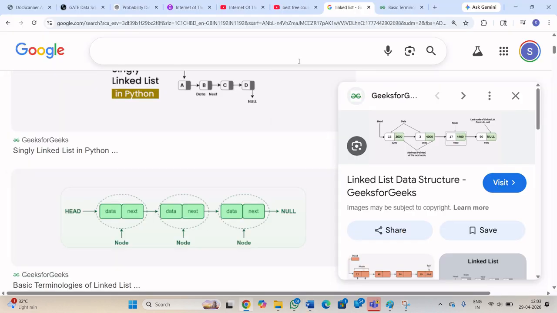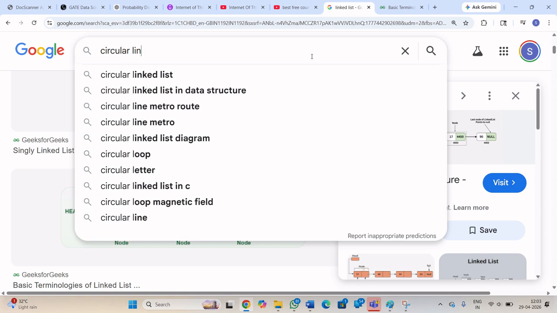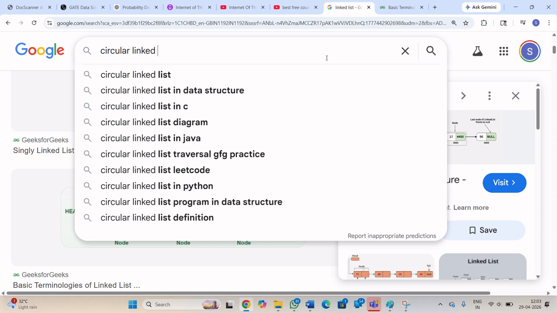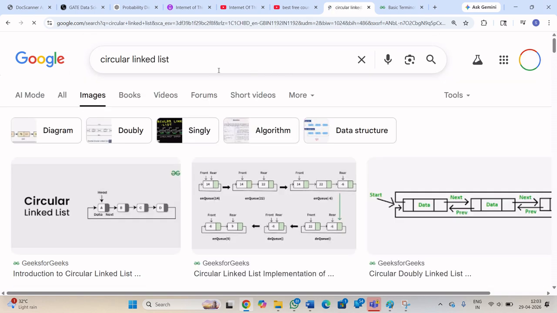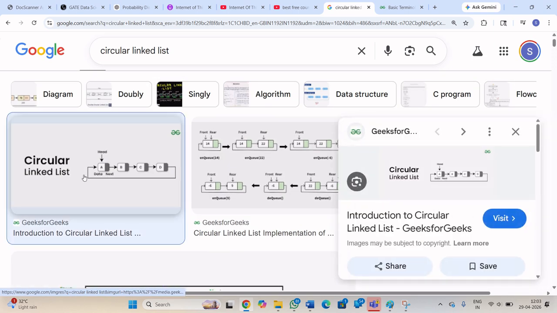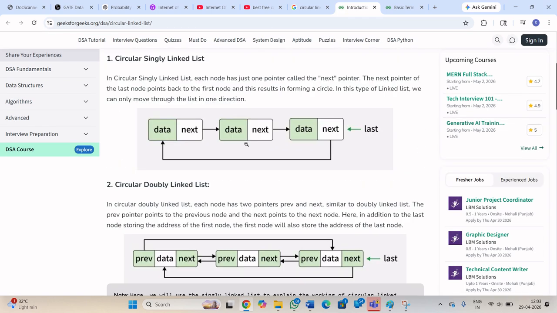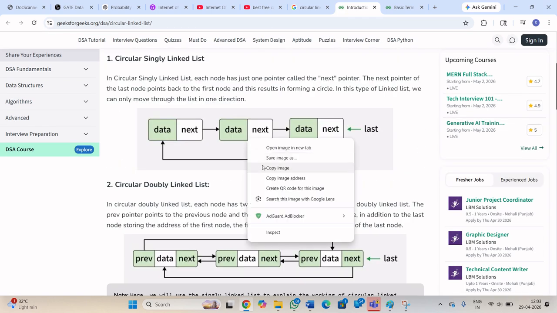So circular linked list, if we tell about the circular linked list, it will be clear to you. So you can see here there is nothing.